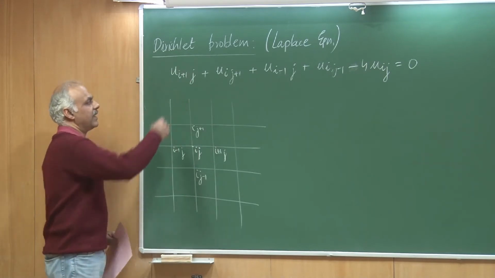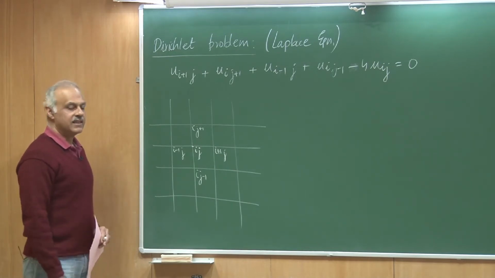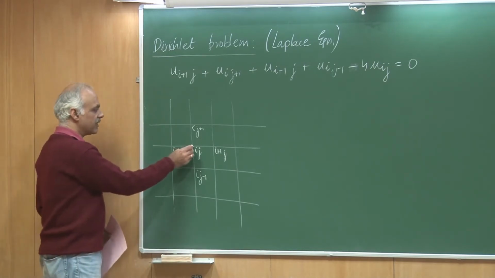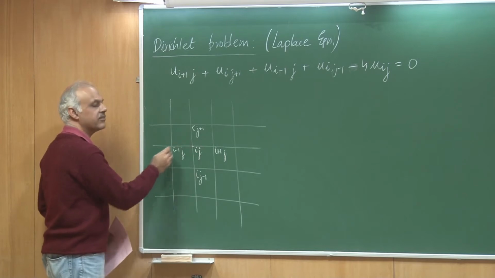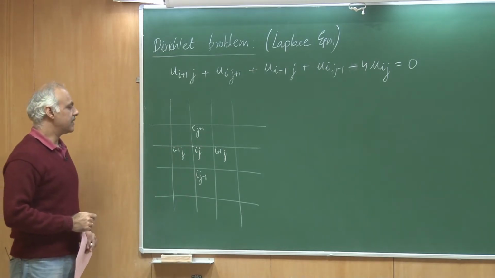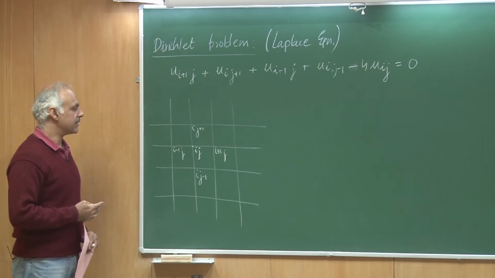So this becomes a fairly complicated equation system. It's sparse in the sense that if I write down the equation at this point, there are only 4 or 5 unknown values on the left hand side and the other entries are 0. So it's a sparse matrix, not a full matrix.